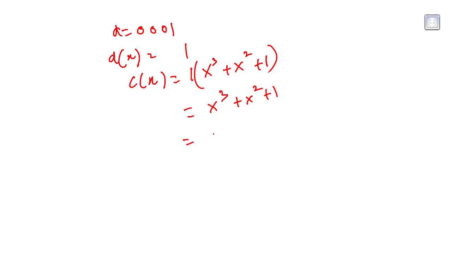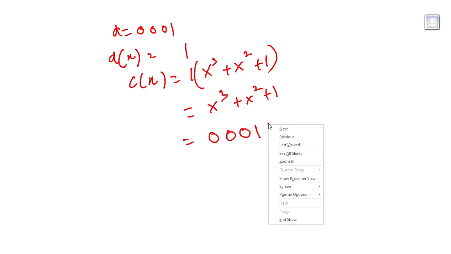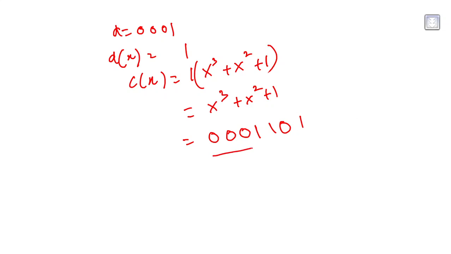So the code will be: 6 is missing, 5 is missing, 4 is missing, 3 is available, 2 is available, 1 is missing, and 0 is available. So my code word will be this.